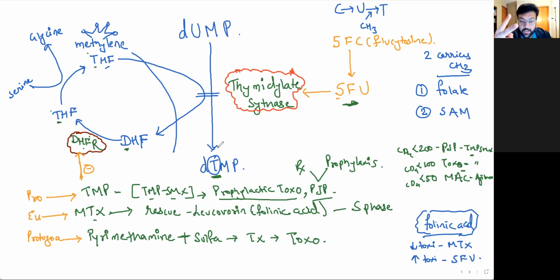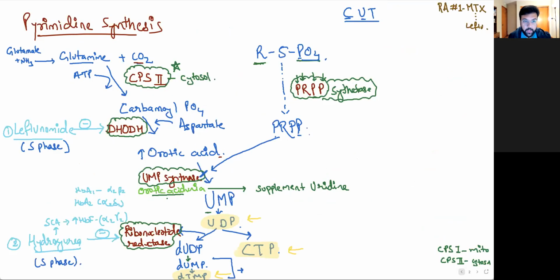Methotrexate toxicity, supplement them with? Folate, folinic acid. And then finally, if you don't want to have folate, what do you want to supplement? Thymidine. Wonderful. Any questions about pyrimidine synthesis? Excellent. So this is your pyrimidine synthesis.